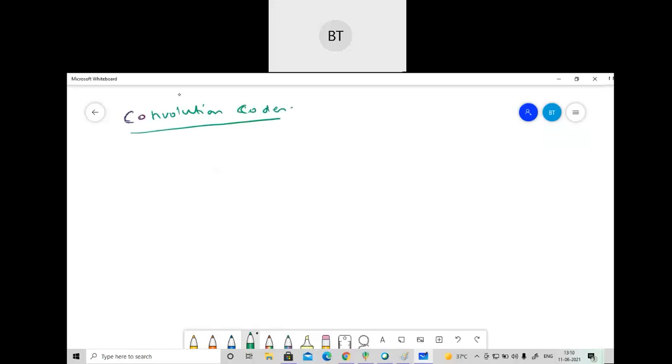Basically, it is a very powerful code which is used to solve multiple errors. You can see we are solving multiple errors here, but in the linear block codes we have solved a single error. So I can write here that this is the most powerful code.